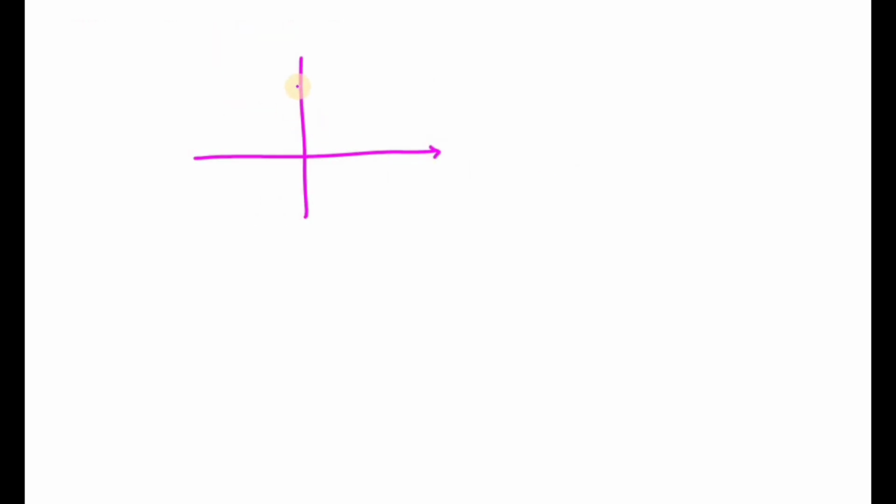So the signal can be represented like this. The magnitude is 1, and it ranges from minus a to a.